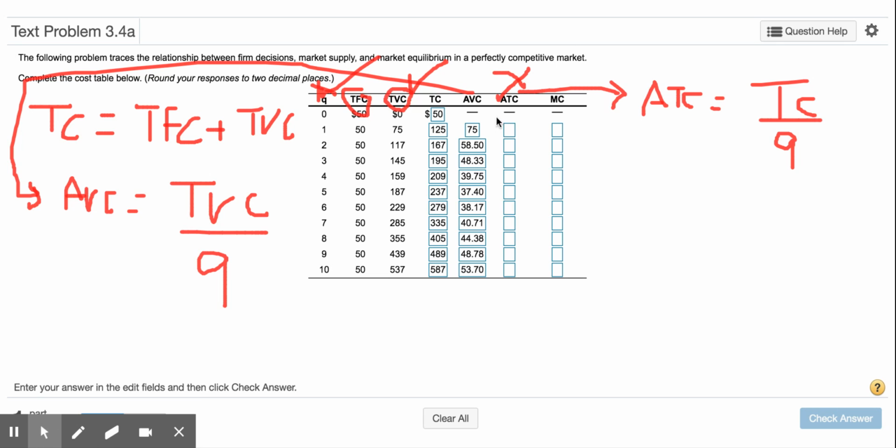So 125 divided by 1 is 125. 167 divided by 2 is 83.50. Then 65, 52.25, 47.40, 46.50.